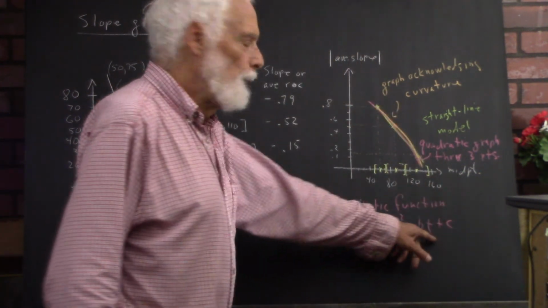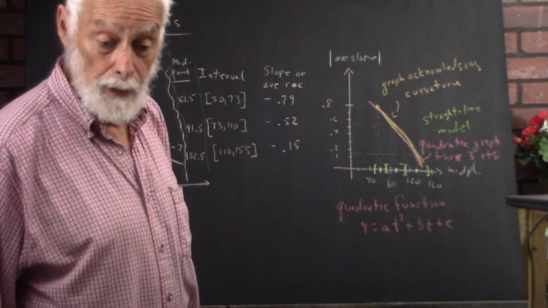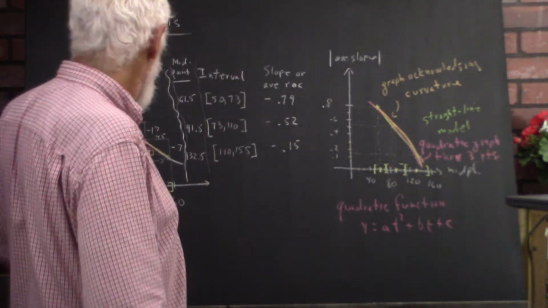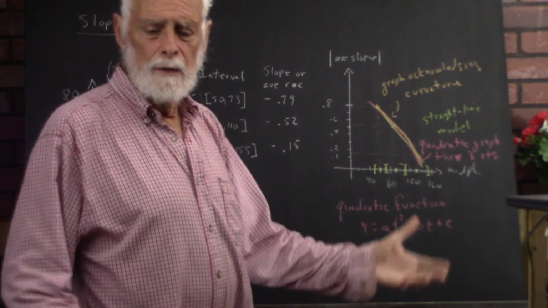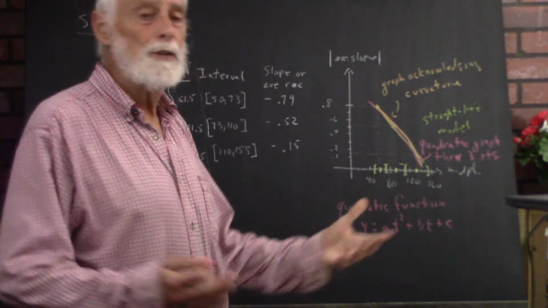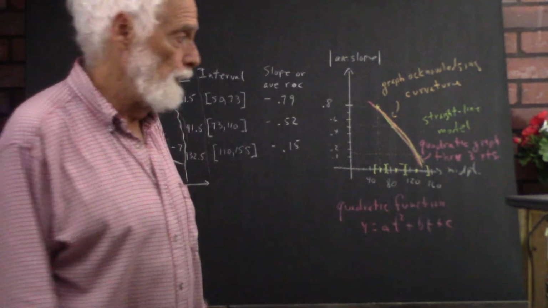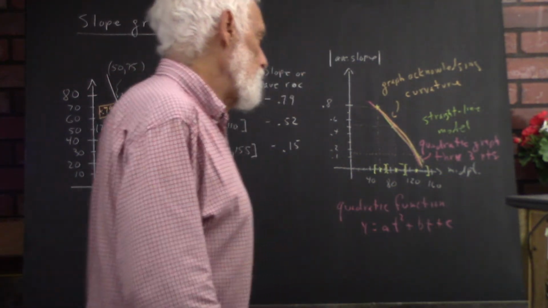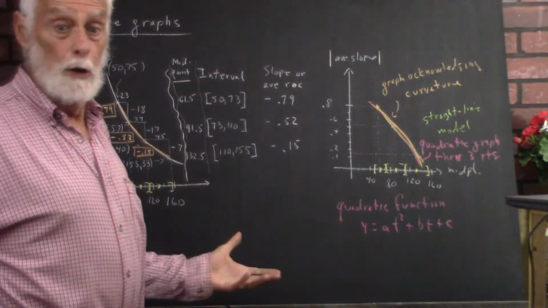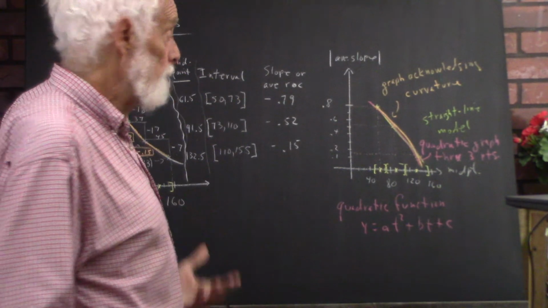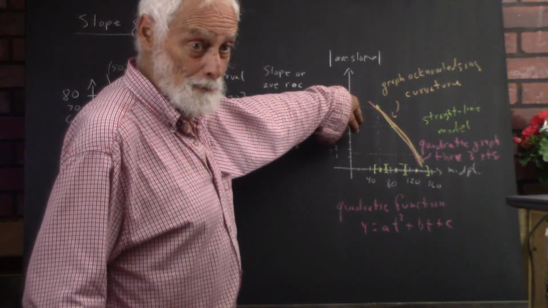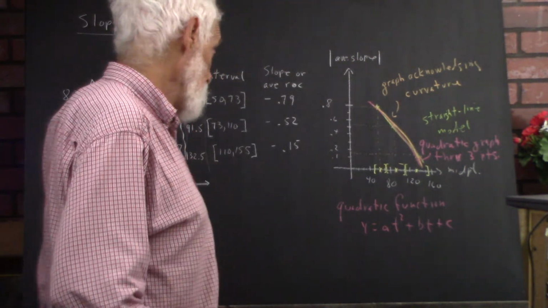I'll use t for my variable instead of x, with the idea that maybe this somehow represents something that's a function of time, in the same sense that the flow is a function of time. Now what we're probably going to find is that your graph of the flow data, the depth versus time graph, is itself quadratic, which makes this graph linear. And that's going to be an assignment that I ask you to complete.